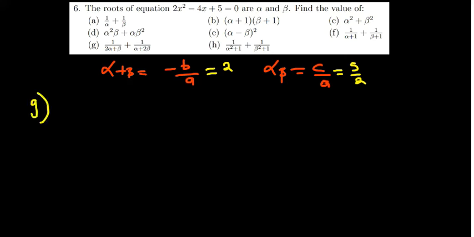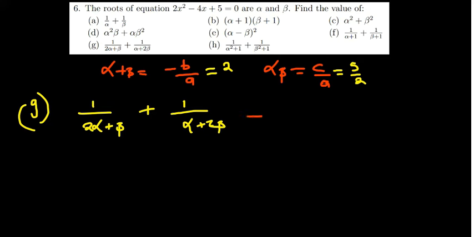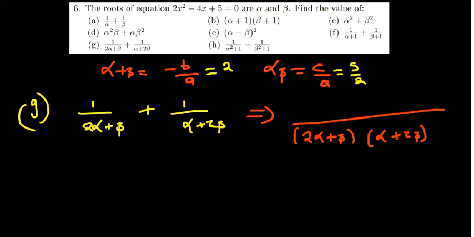G, 1 over 2 alpha plus beta plus 1 over alpha plus 2 beta. Common denominator: 2 alpha plus beta times alpha plus 2 beta. Try to divide.